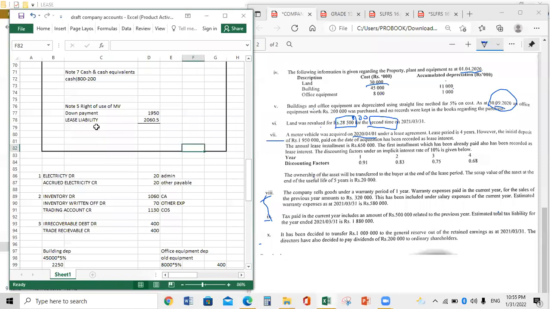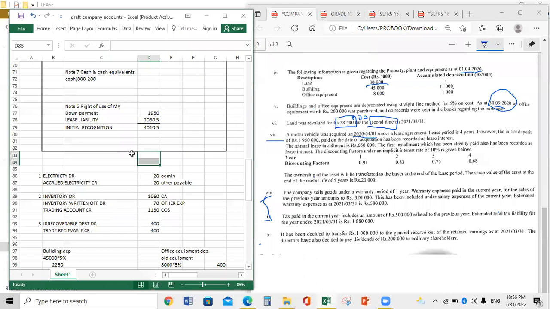So guys, the initial recognition value is how much? Initial recognition value is going to be 4,10,500. Now guys, see here, we are done with that. Now what should you do?